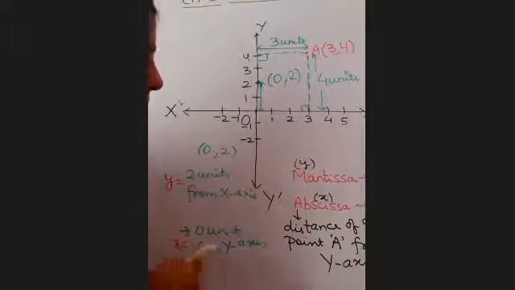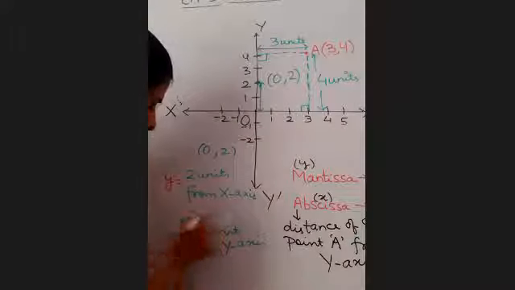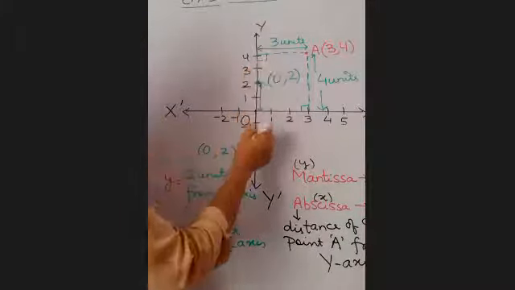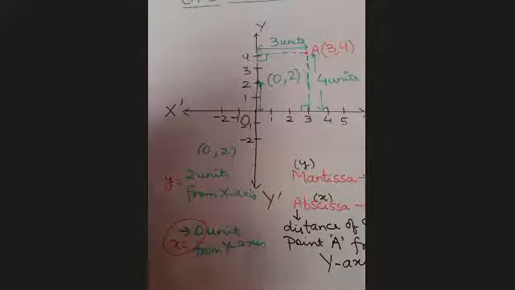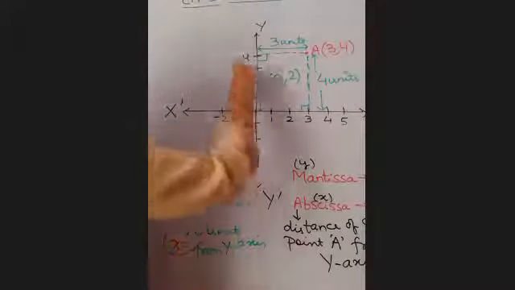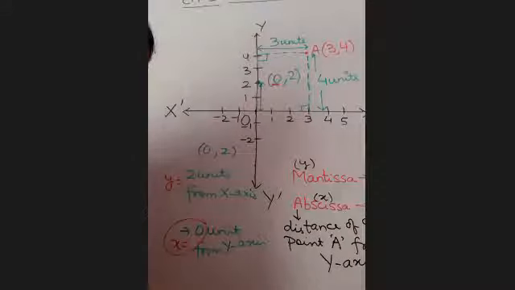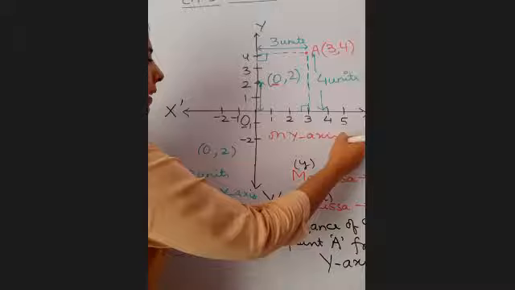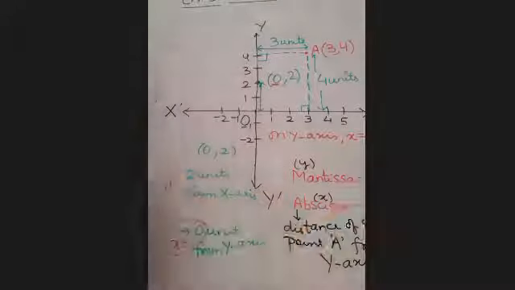So if there is any point which lies on y-axis, अगर कोई भी point है जो y-axis पे lie कर रहा है, उसका small x क्या होगा? 0. You take any point on y-axis, abscissa will always be 0. So on y-axis, the value of small x will be 0.